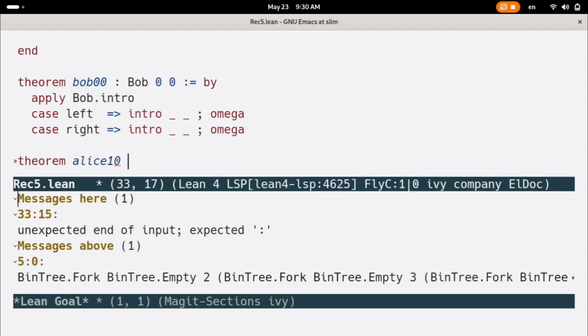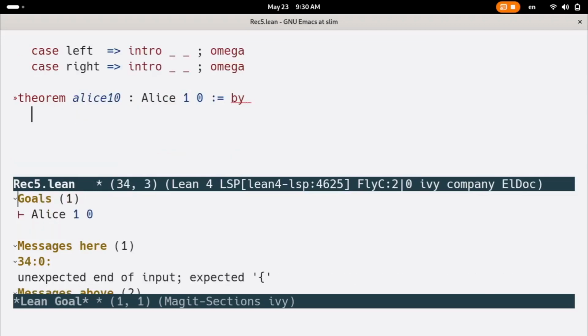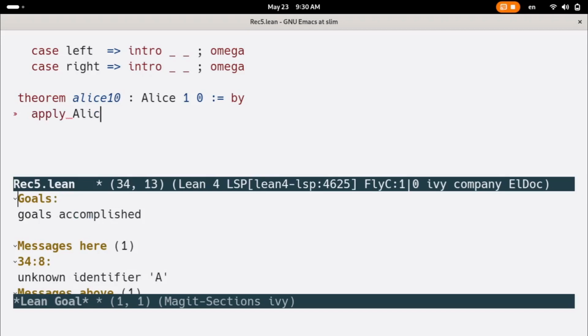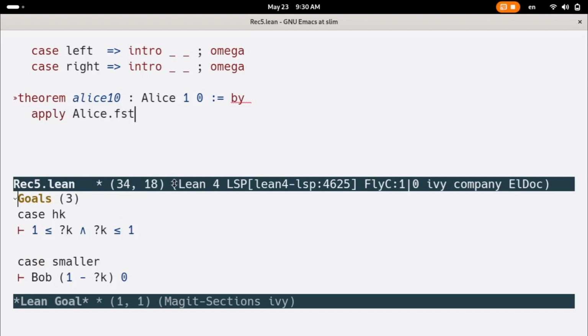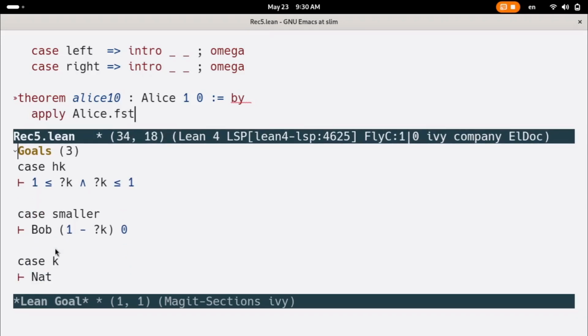Let us prove a more interesting theorem for Alice. So we will prove that Alice wins the game 1-0. We can apply Alice dot first because Alice wins this game by playing on the first heap. We have to provide k, the number of coins to pick.